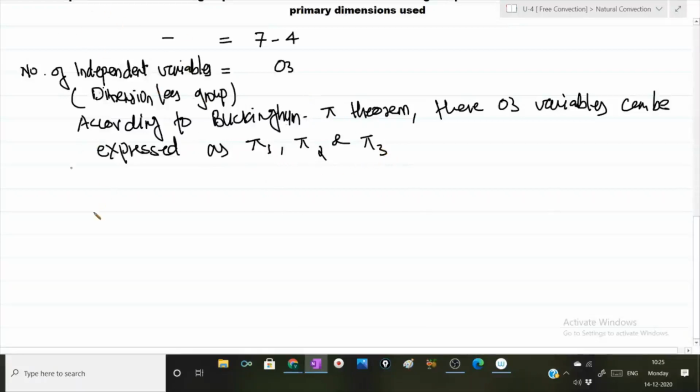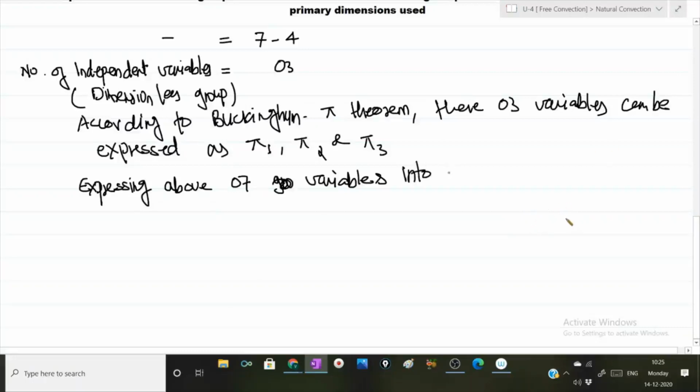Okay, so let us write down: expressing the above 7 variables into these three pi terms.